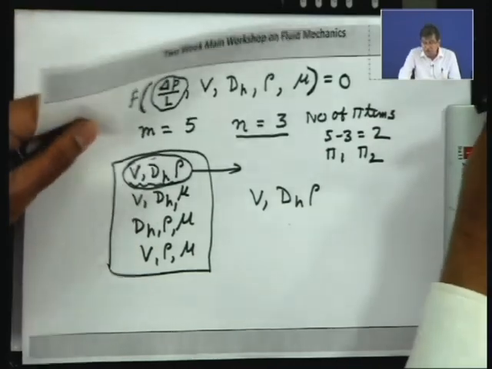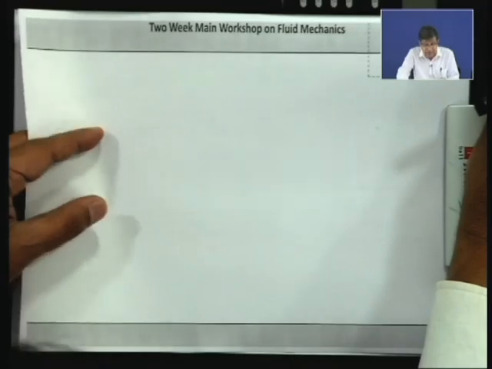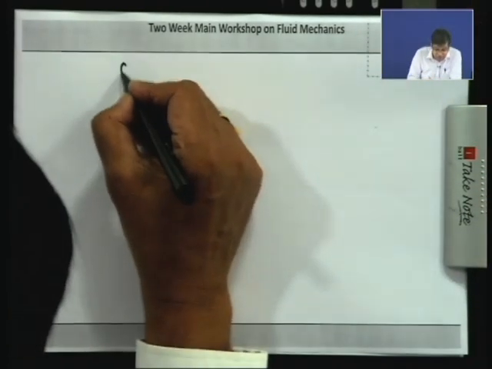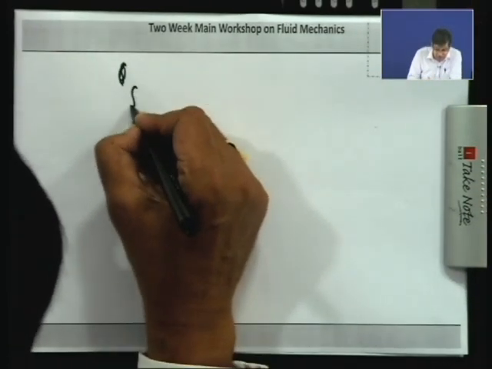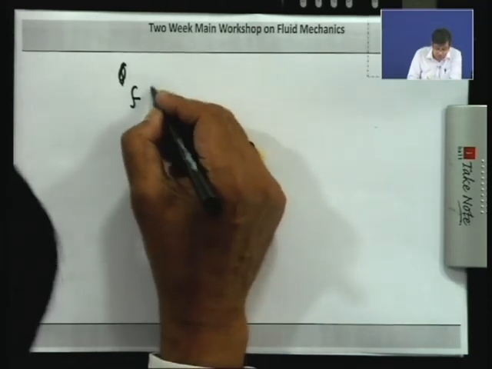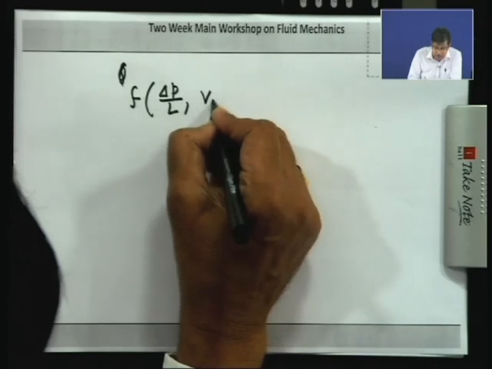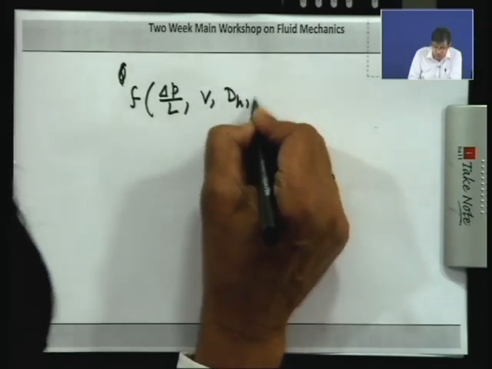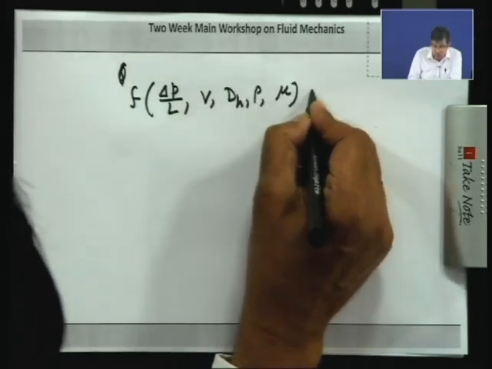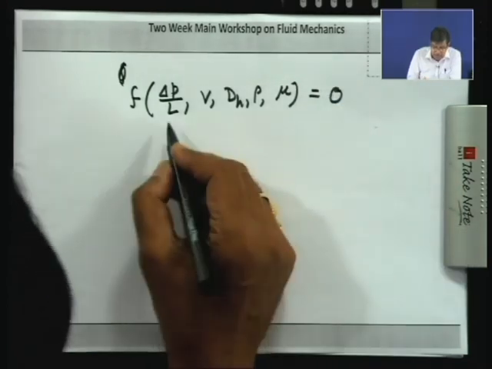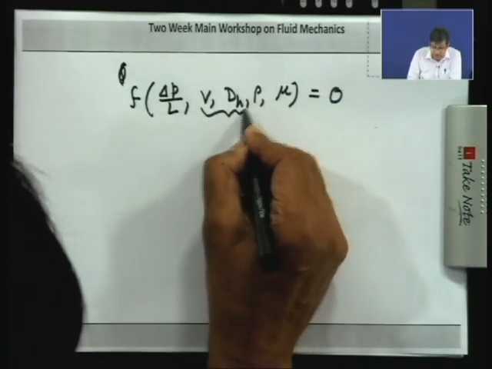Now, how to solve it? You see that it is very simple, nothing can be simpler than this. According to the problem, f is a function of delta P by L, V, dH, rho, mu equals 0. Now, I take V, dH, rho as the repeating variables.